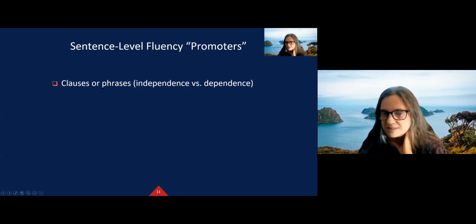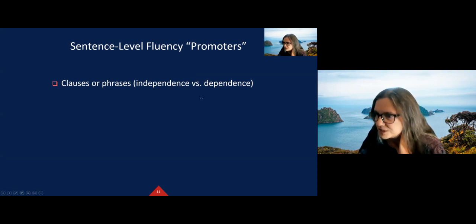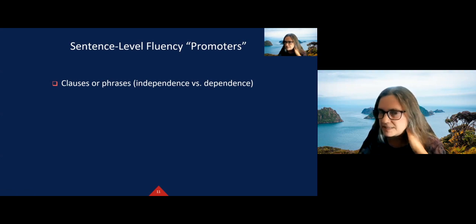A clause always contains a grammatical subject and verb, but it doesn't always stand alone independently as a sentence. Depending on how it's phrased, it might be subordinate or dependent on another clause to complete the idea in a grammatically whole and complete sentence.